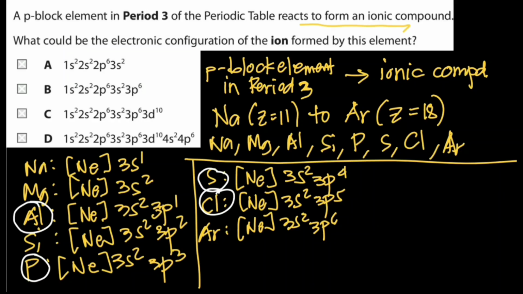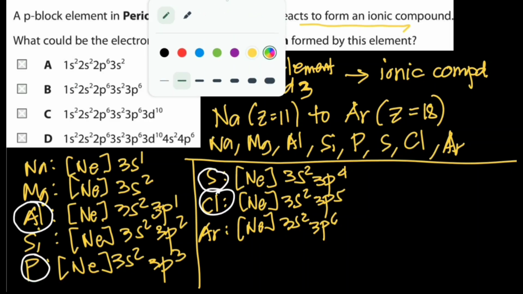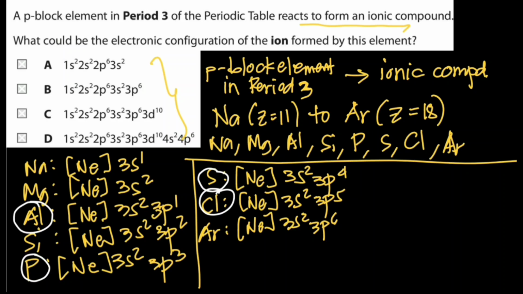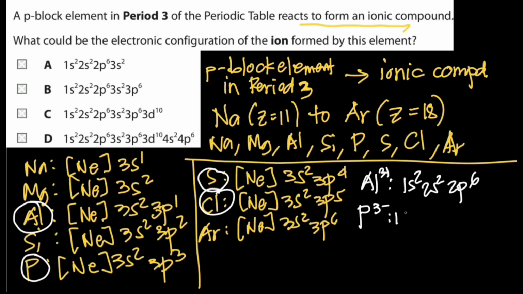Now let's write the electronic configurations of these four elements, and then we compare with the choices here. For aluminum 3+, this is 1s2, 2s2, 2p6. For phosphorus, 1s2, 2s2, 2p6, 3s2, 3p6.